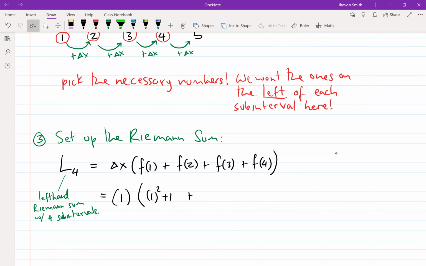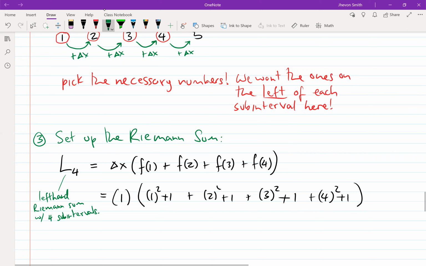F of 2 is 2 squared plus 1. F of 3, 3 squared plus 1. F of 4, 4 squared plus 1, right? So this guy here is my f of 1, this is my f of 2, this is my f of 3, and this is my f of 4.